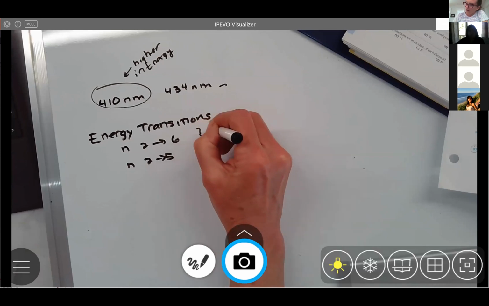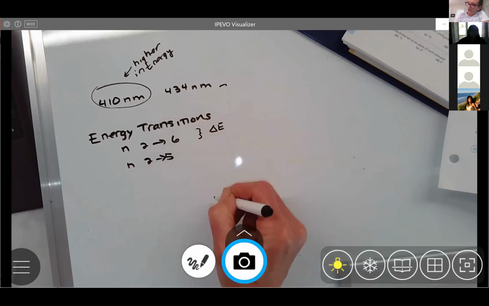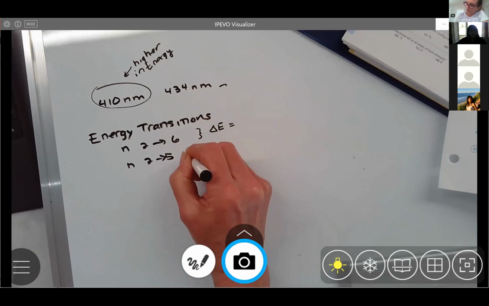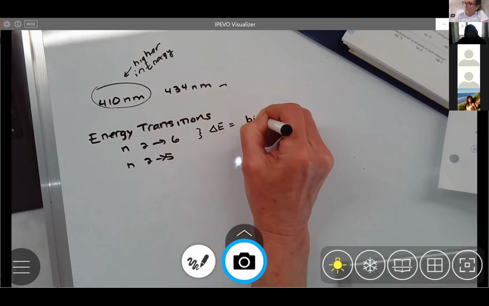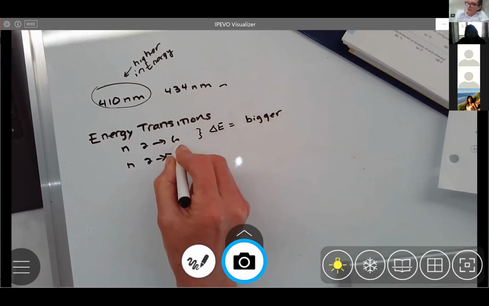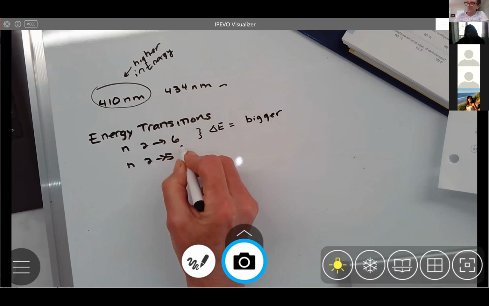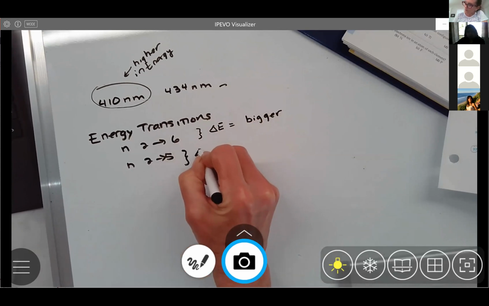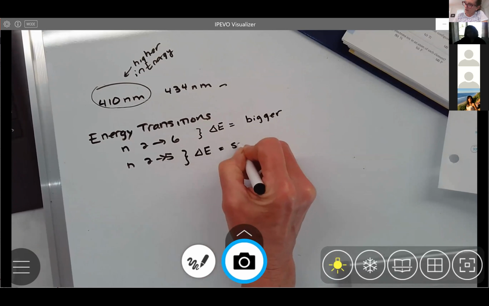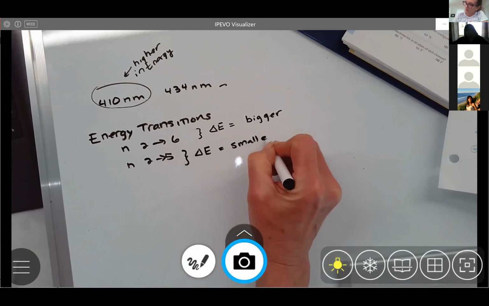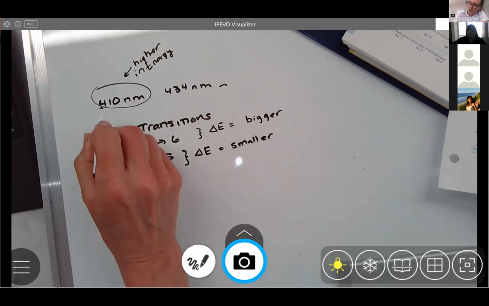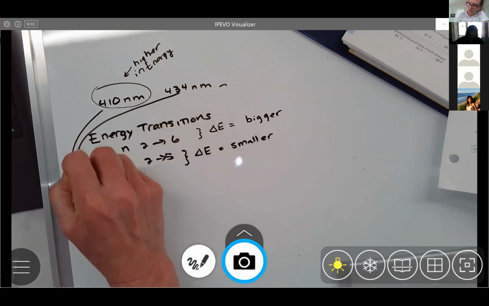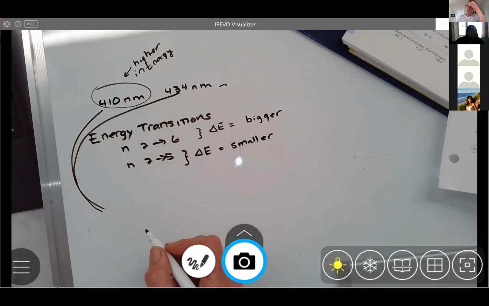This one will have a bigger change in energy because it's going further up the ladder. This change in energy will be smaller because it's making a smaller jump. And then we have to look at the energies associated with our 2 transitions.